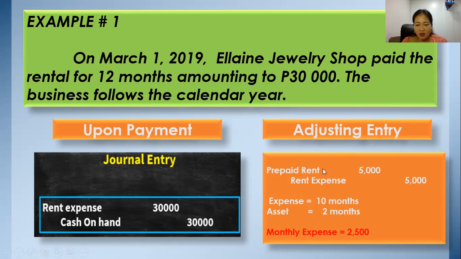But before we can do that, we need to determine what portion is expense already and what portion should be asset. First, we need to determine our monthly expense. The 30,000 is good for 12 months. So 30,000 divided by 12, we have a monthly rental expense of 2,500.